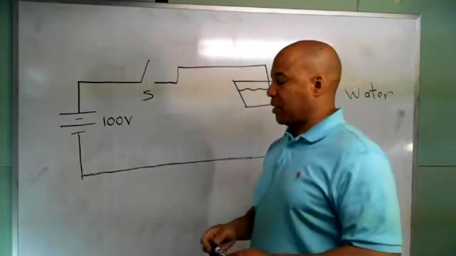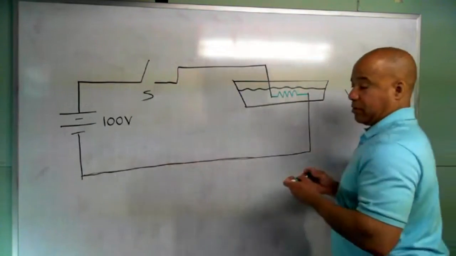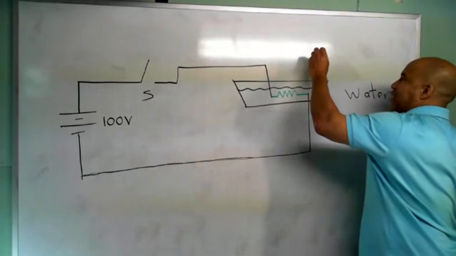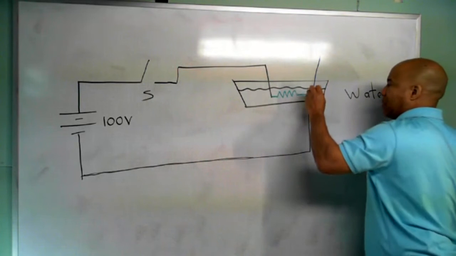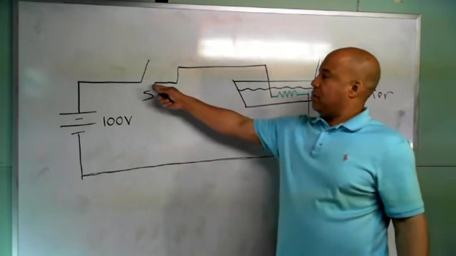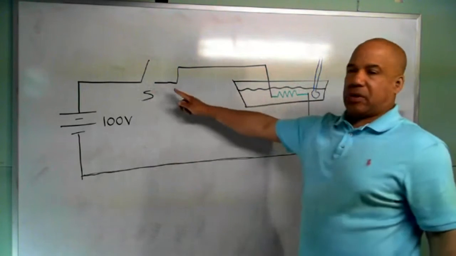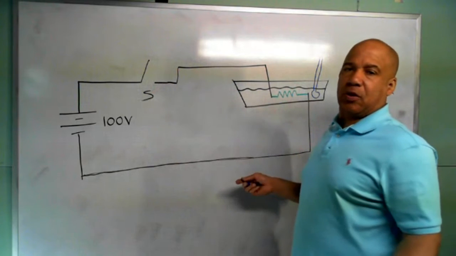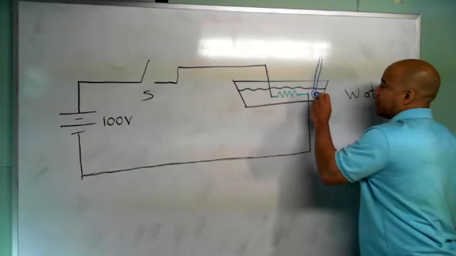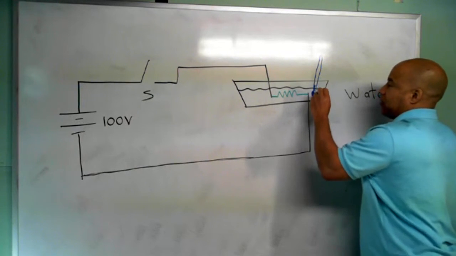So what I want to do is measure the temperature. I'm going to stick a thermometer in the water. With the switch being open, basically all I'm doing is measuring the temperature of the water. So I just let this sit here, and I figure out what the temperature of the water is.